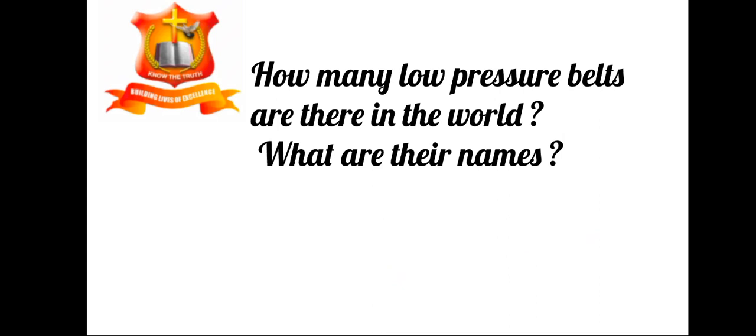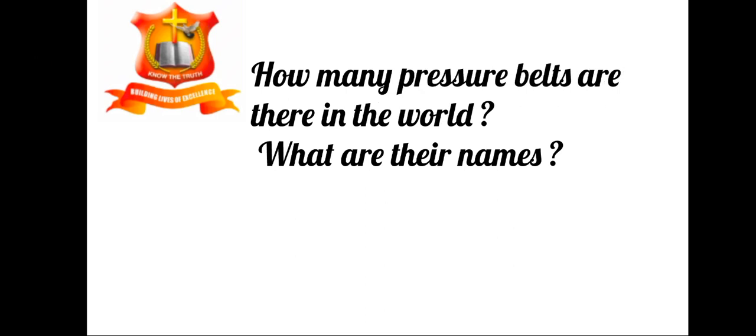Now, how many pressure belts are there in the world and what are their names? So there are 7 pressure belts in the world. These are the equatorial low pressure belt, subtropical high pressure belts, subpolar low pressure belts, and 2 polar high pressure belts.